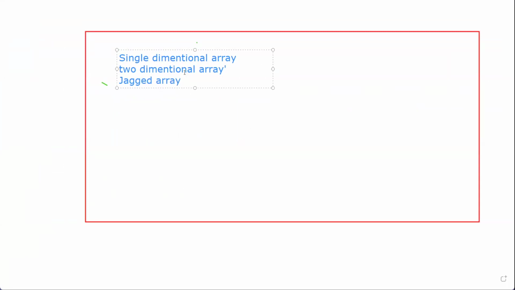We have three types of arrays, which are called single dimensional array, two dimensional array, and jagged array. I will explain all.